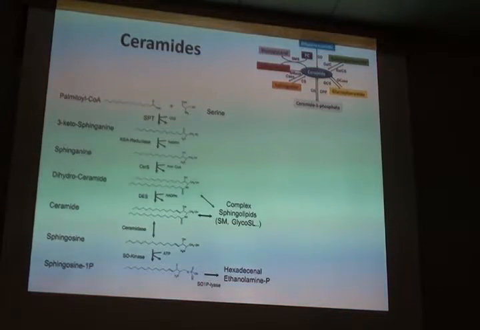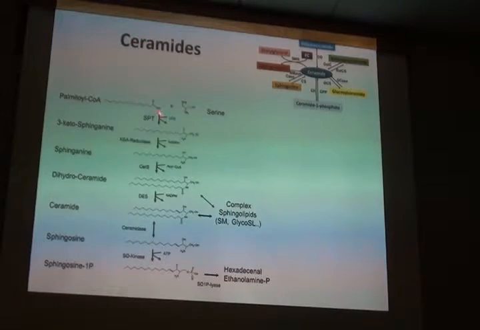So when we look at ceramide synthesis, basically it starts out with palmitoyl-CoA being attached to serine by serine palmitoyltransferase, and then goes through a series of steps to form ceramide.